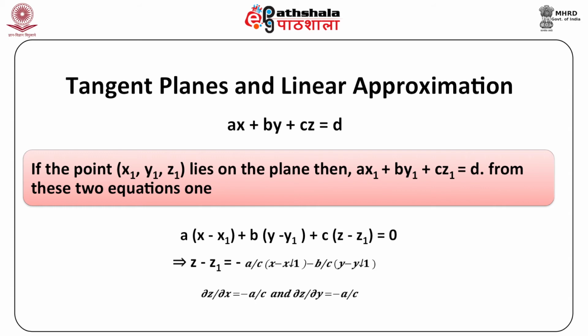From these equations, one can write a(x minus x1) plus b(y minus y1) plus c(z minus z1) is equal to 0, which implies that z minus z1 is equal to minus a by c (x minus x1) minus b by c (y minus y1). Here del z by del x is equal to minus a by c and del z by del y is equal to minus b by c.